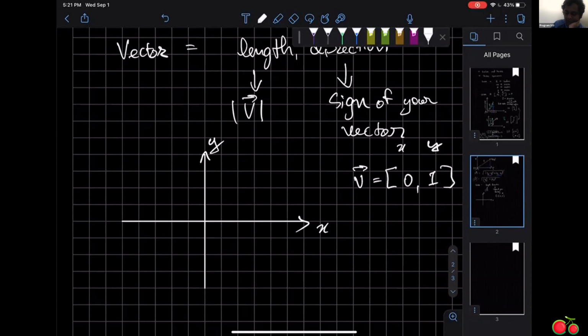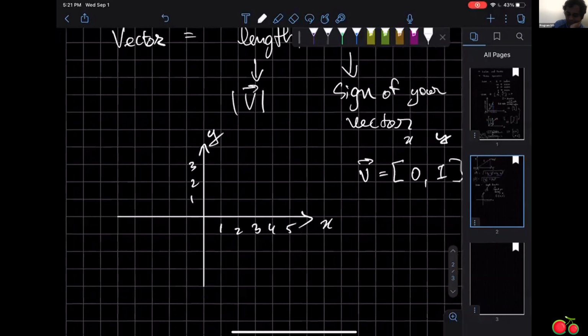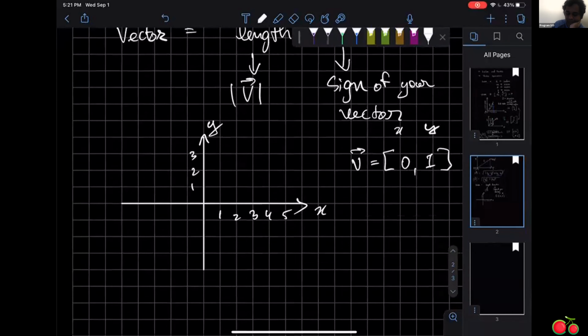So let me say 1, 2, 3, 4, 5. 1, 2, 3. Okay. How would I draw this? So X is gonna be at 0. Okay. And 1 is at Y. So X is going to be at 0 and Y 1 is at Y, right? Yeah. That's that vector, right?